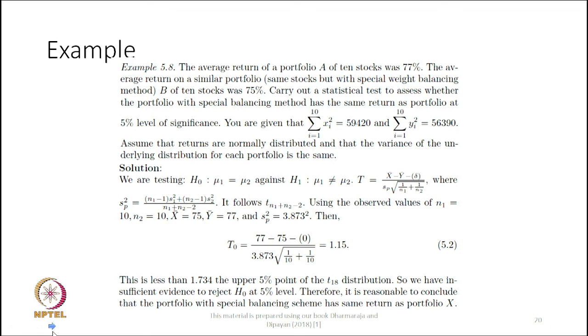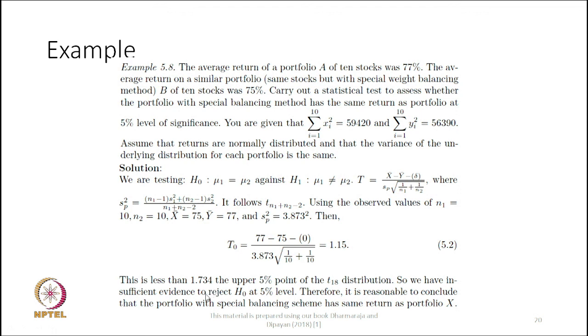So, I have not used the notation correctly here. Basically, you should find out the table value for the t distribution with 18 degrees of freedom at 5%. Then you can come to the conclusion that the value of t naught is less than 1.734, that is the table value.